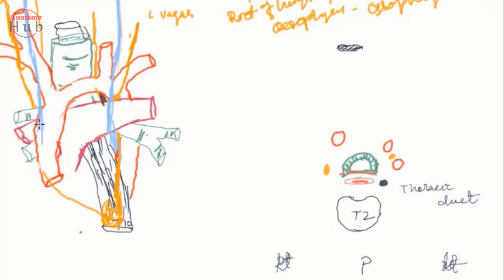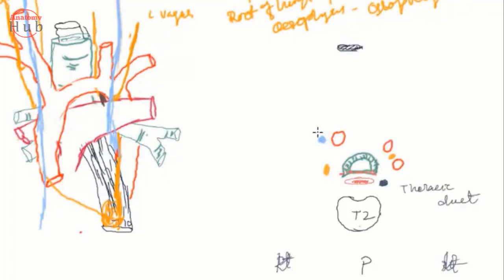Then it descends downward and goes towards the diaphragm. That means here, the right phrenic nerve will be just beside the brachiocephalic trunk. So here we will draw the right phrenic nerve.